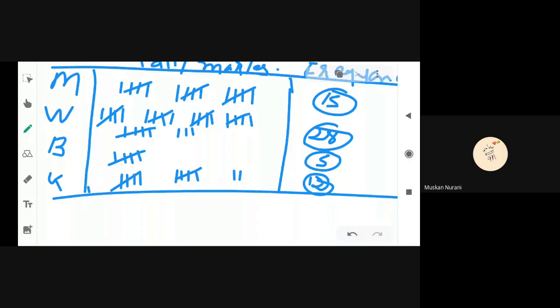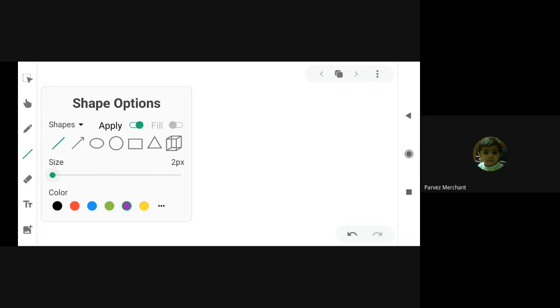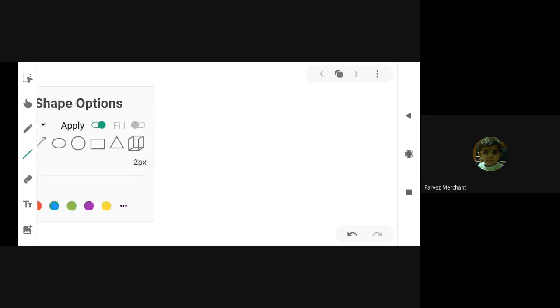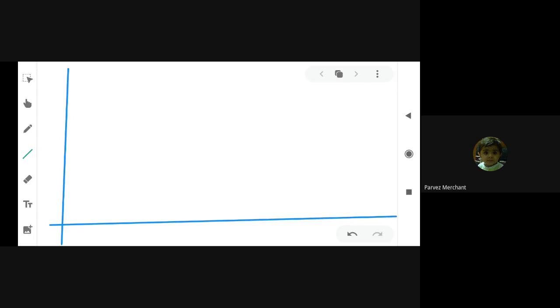Now we have to represent this collection of data in a bar graph. And how can we show this in a bar graph? Please see here. For the bar graph, first of all, we are drawing two axes, y axis and x axis.